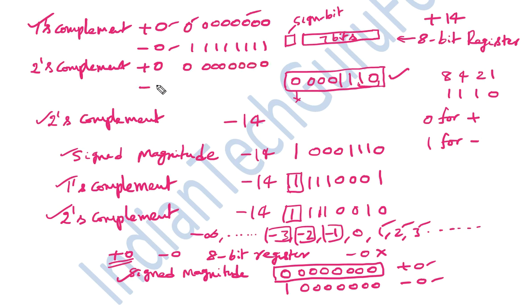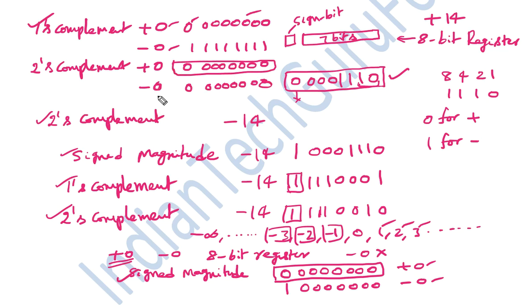If I want to represent minus 0, the value of minus 0 will be the same. If I convert this particular value into twos complement, there is no 1 at all. So minus 0 will also represent plus 0. That is the specialty of the twos complement representation.